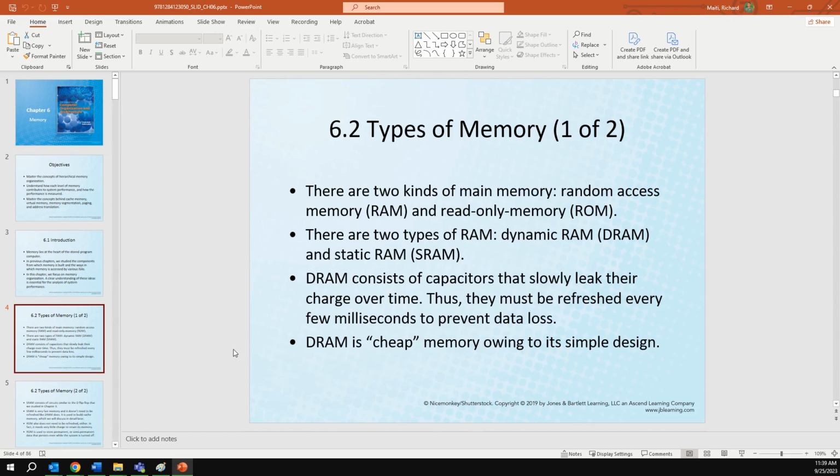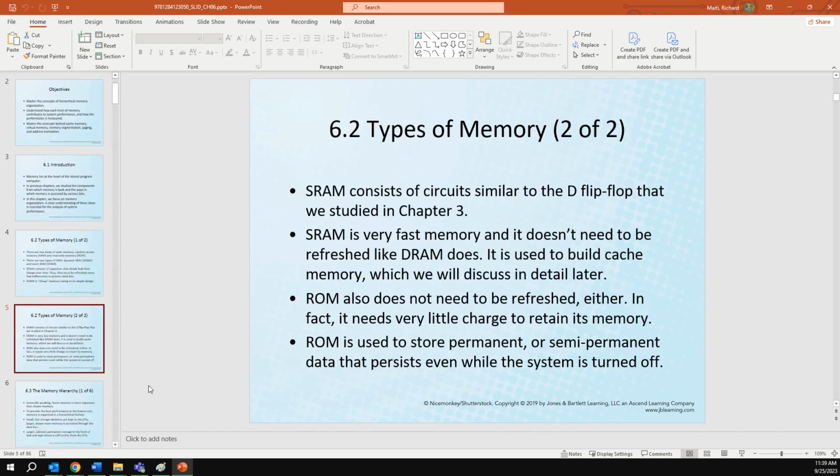So the difference is, dynamic RAM has a capacitor that slowly leaks its charge over time. Dynamic RAM is lower cost as well. So SRAM has a circuit that's similar to what we looked at in chapter 3, a D flip-flop.